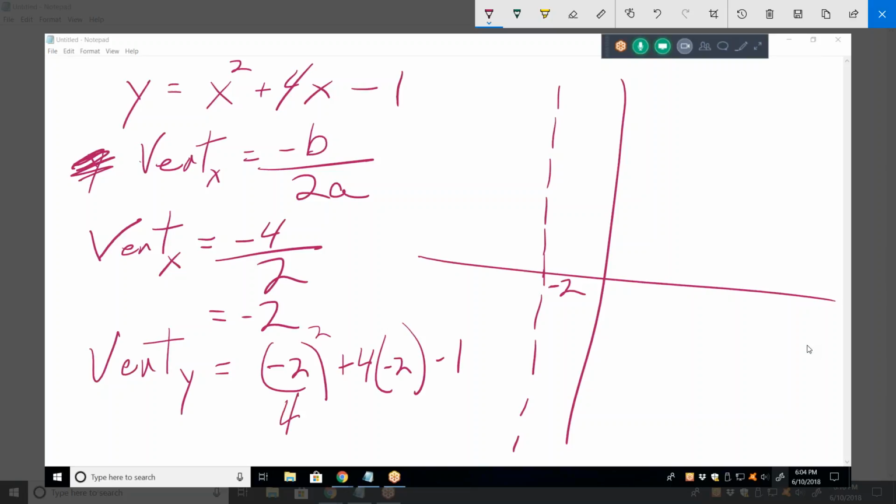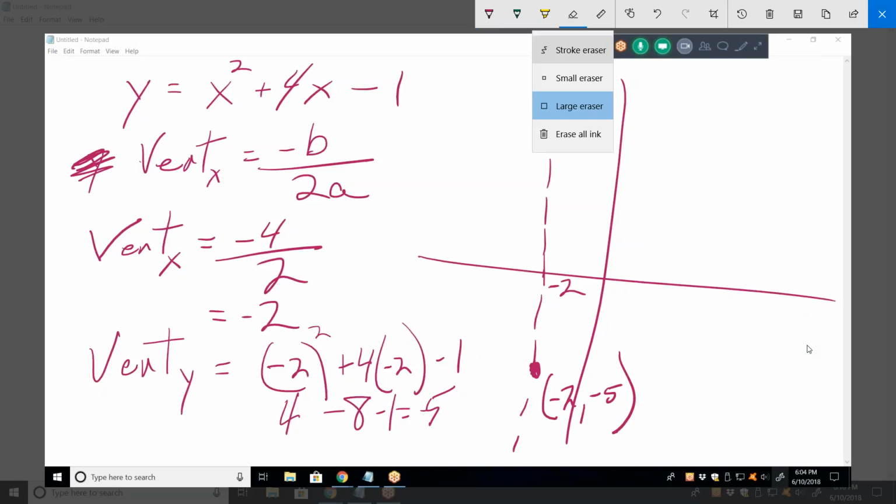Well, that's 4 minus 8 minus 1, which is -5. Okay, so we'll call that the vertex right there. Minus 2, minus 5. Now what?